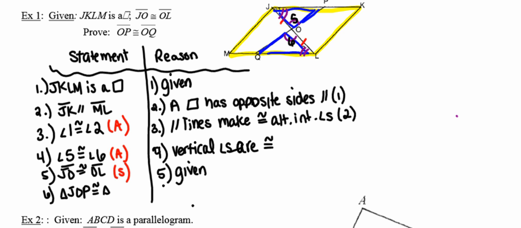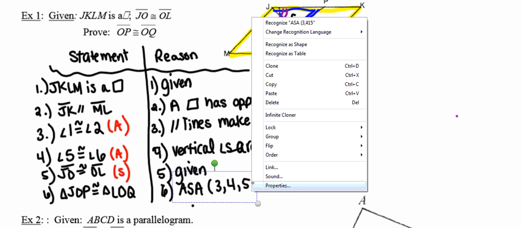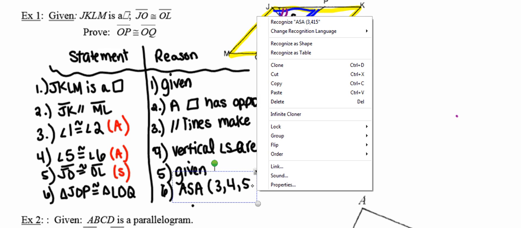So in the top triangle, angle J will correspond to angle L. In the bottom triangle, O will correspond to itself because of those congruent angles at vertex O. And angle P in the top triangle will correspond to angle Q in the second triangle. And those were congruent by looking at my picture, angle, side, angle. And I'm going to cite statements 3, 4, and 5 because those were the statements where I discussed my congruent angles and my congruent sides.